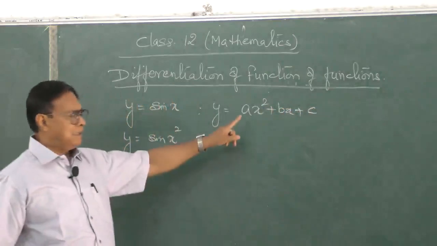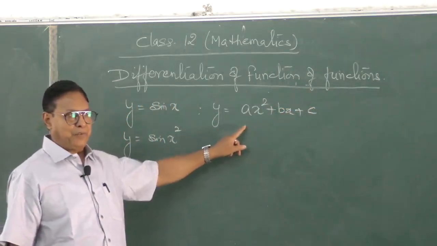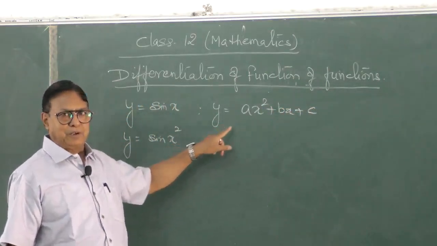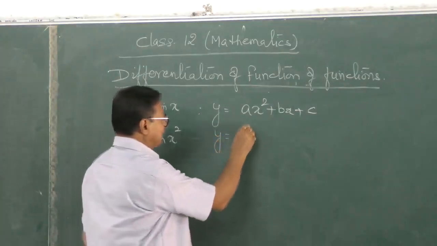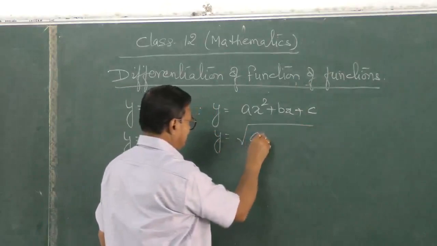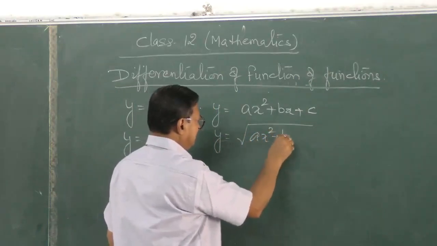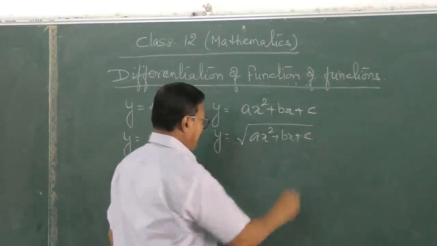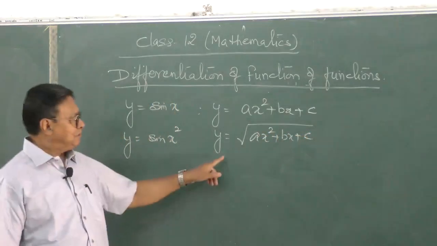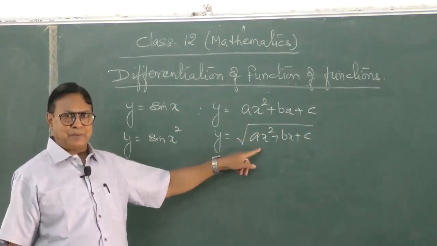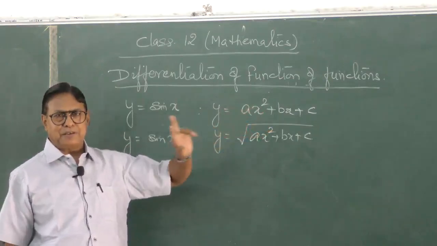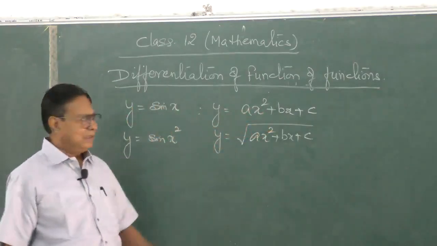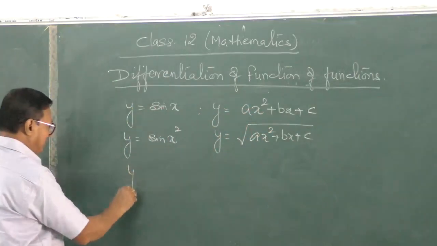Here again, if the value of x is given, we get a value of y. But supposing the function is this, then this is putting a value of x, simplifying it, and then getting the square root of it. So this is again a function of a function, right? It can be this.